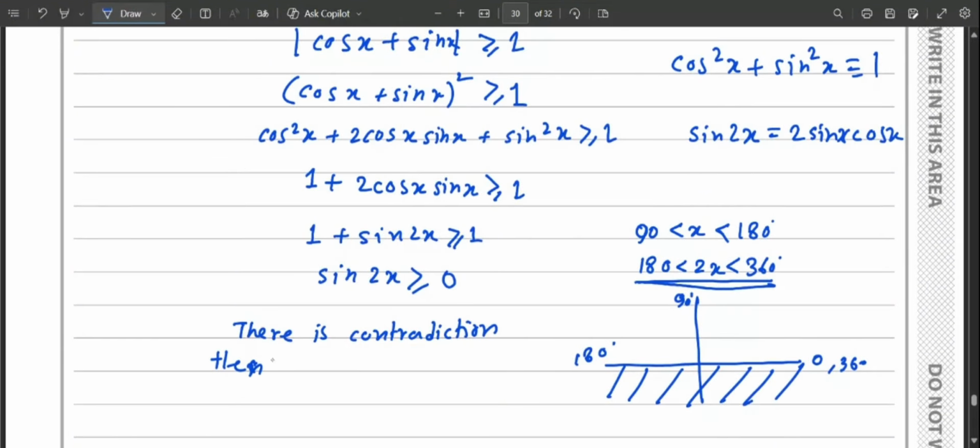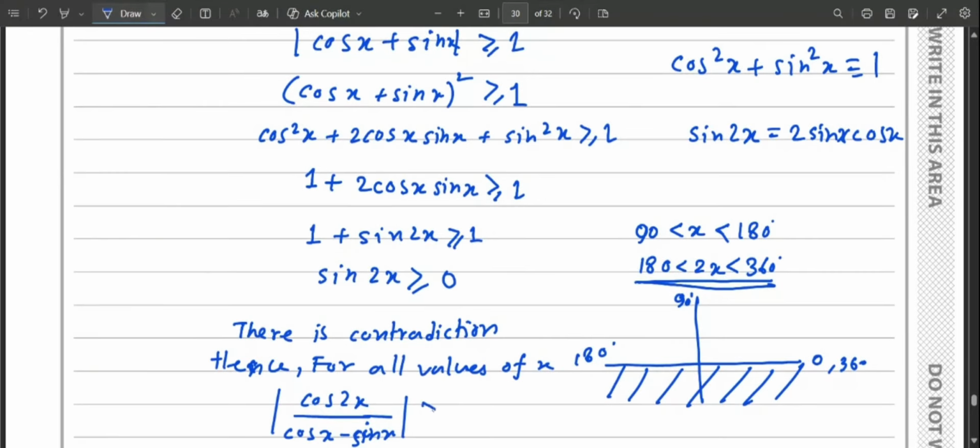Hence we can write that for all values of x, our expression with modulus is less than 1.